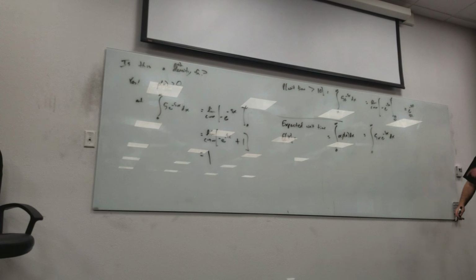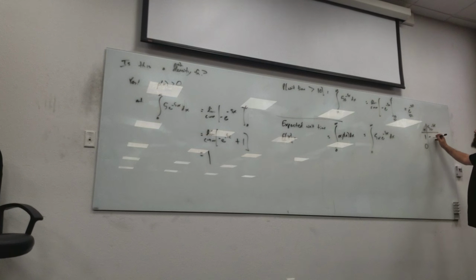All right, so let's use the tabular method. I'm going to do it as x and 5e to the negative 5x just to keep my constants small. Derivative of x is 1, derivative of 1 is 0. Every time I integrate this function, I've got to divide by negative 5, right?